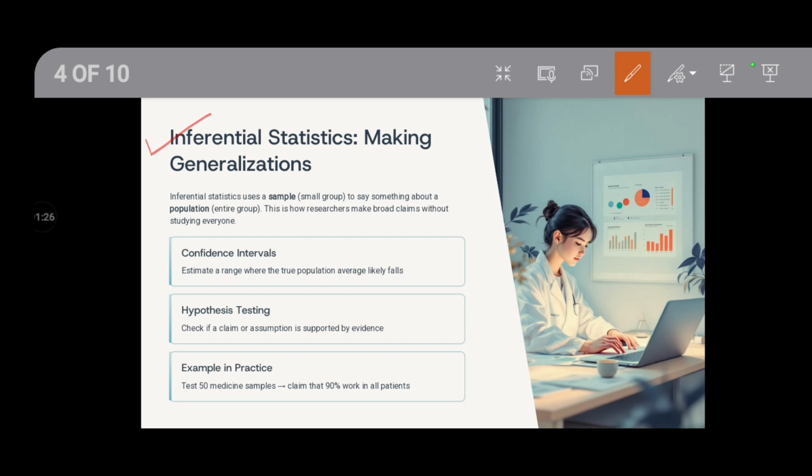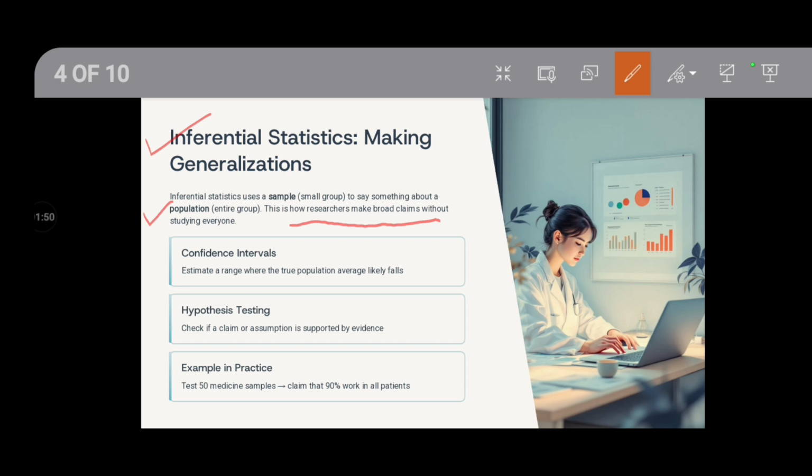That is very time-consuming and very hard to do. So we take a small sample from the population, and this is how researchers make claims without studying everything. They do not read every article; they just take some of the sample from the population and make their claims.